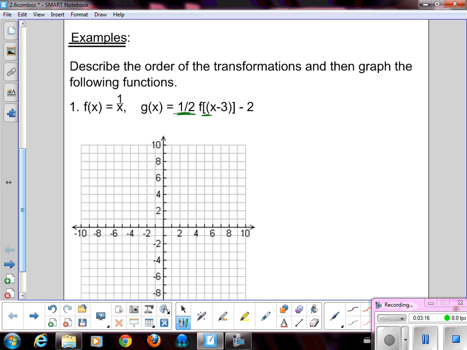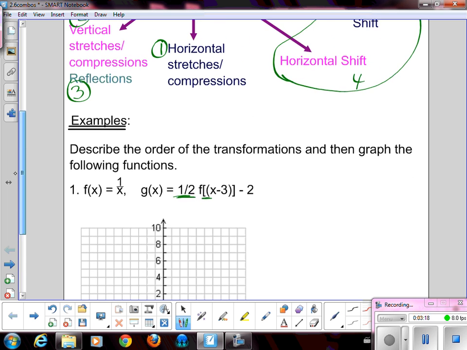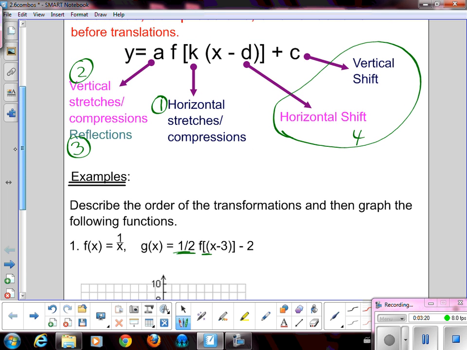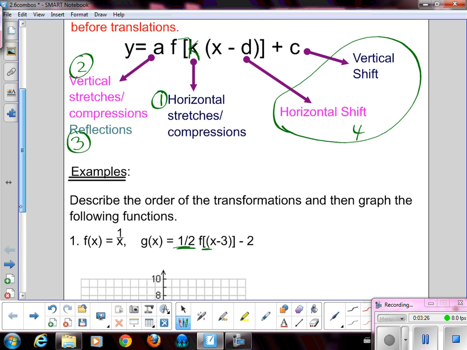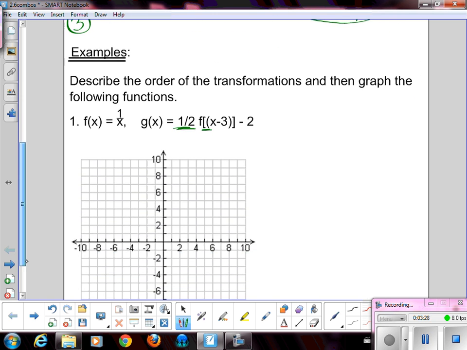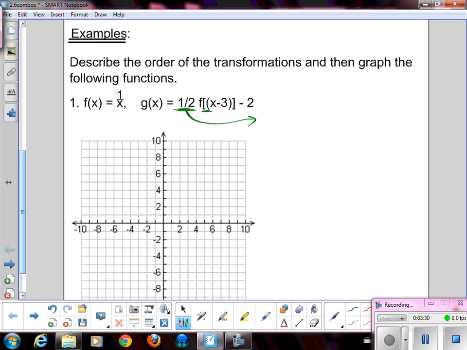So if I look here, there is the value for the horizontal stretches. This K value in this case is 1. So I'm not changing horizontally. However, I am changing the vertical stretch here. So my first would be the vertical stretch. So it would be done first.